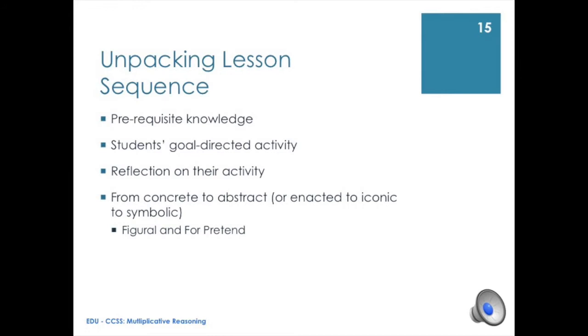But if I can't think about 5 that way, then having a bunch of 5s isn't going to be very useful. I'm not going to be able to make much meaning from that. So this is crucial. Thinking about what the student's goal-directed activity is and how to scaffold it.